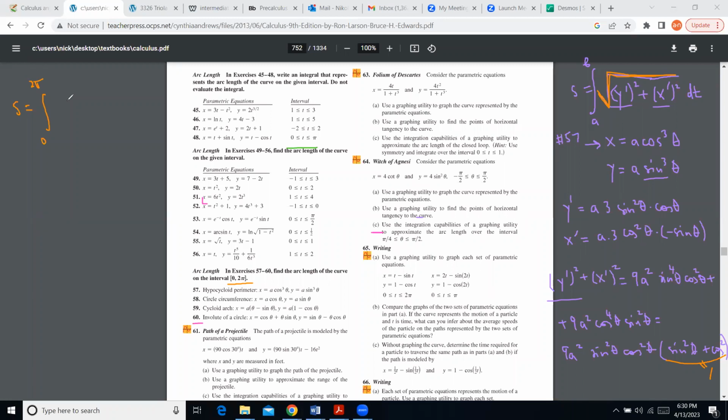And then we need to extract the square root from this stuff, which is a perfect square, and that's pretty nice. It's 9a squared sine cosine. So how would you take the antiderivative when you extract the square root?